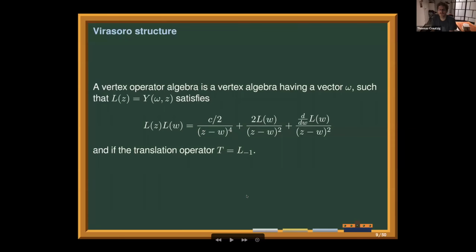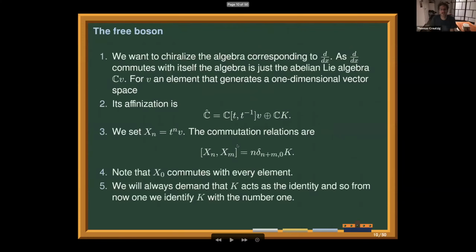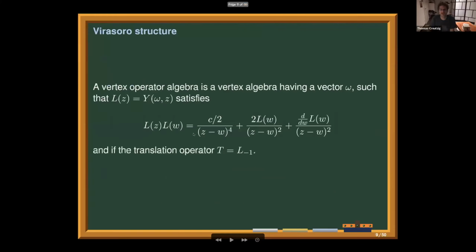And Virasoro subalgebra means you have a vector which you call the conformal vector, so that the associated field satisfies the OPE algebra of the Virasoro algebra, right? Which is this expression. And in addition, you also require that the translation operator is the L-1. Okay.